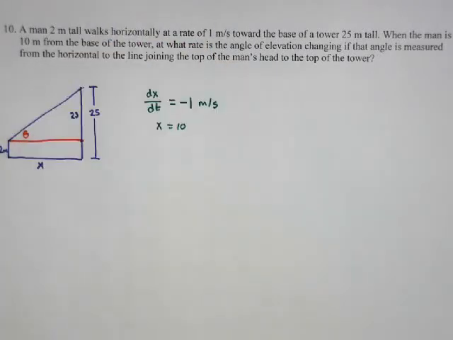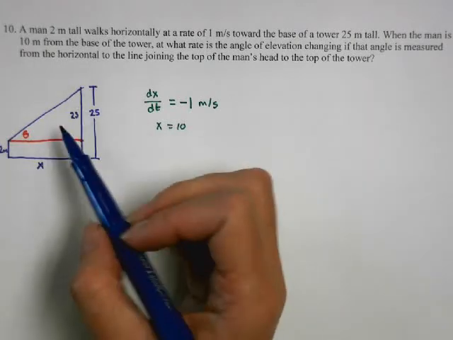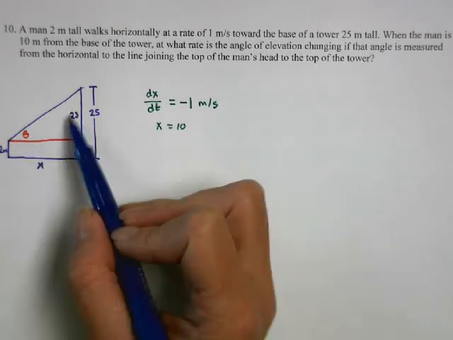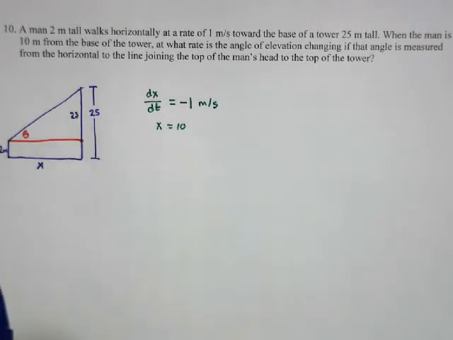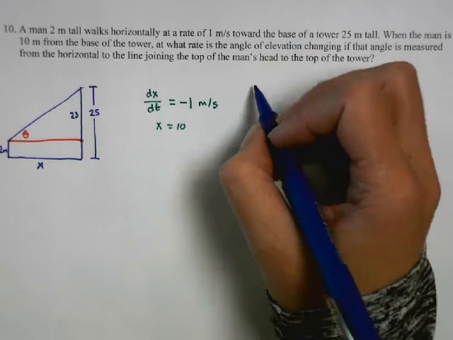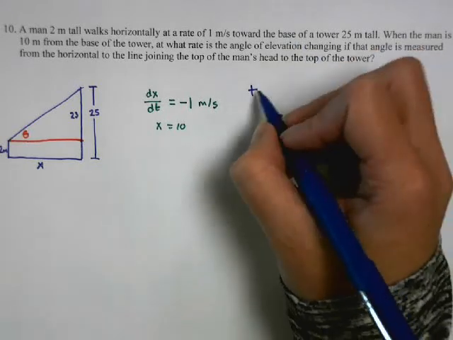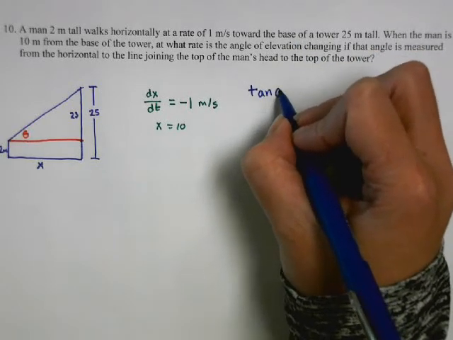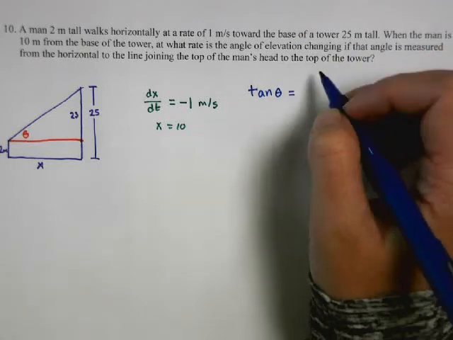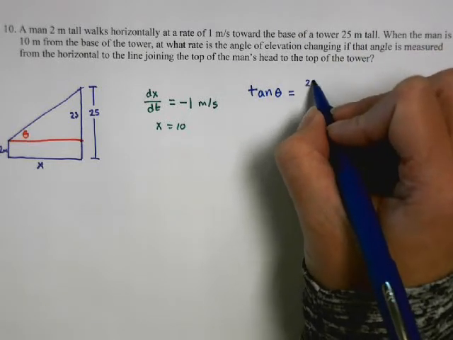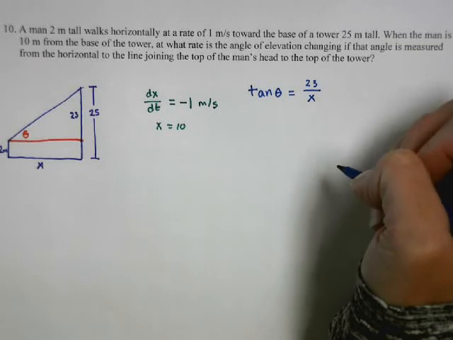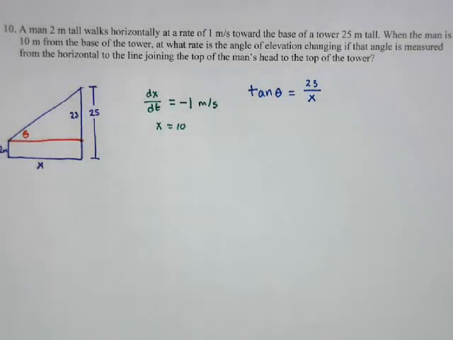So what relates x and theta and 23? That would be tangent. So tangent of theta is going to be a constant 23 over x. We're in this problem trying to find d theta/dt.